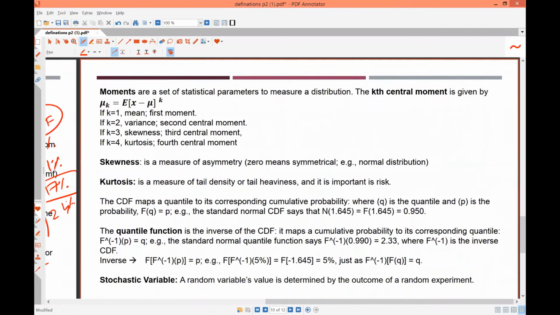Then we have the concept of moments. Moments basically give you an idea about the distribution, how it behaves. For example, if you know that COVID-19 is normally distributed, you may be interested in knowing the expected number of deaths or expected number of cases in a particular country.